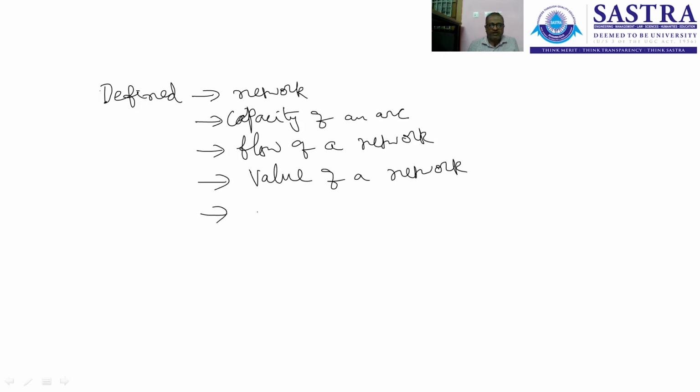And after the value, you had defined what is meant by a maximum flow of a network. So these are the things that we have seen till now.